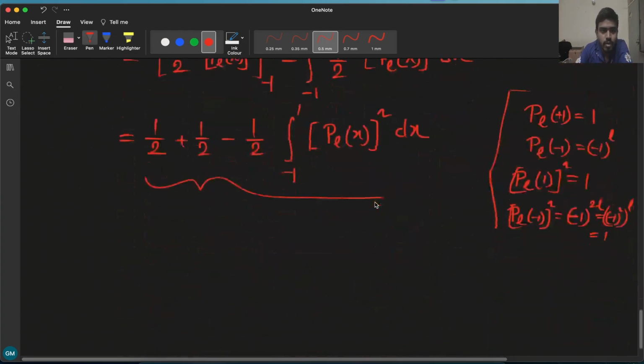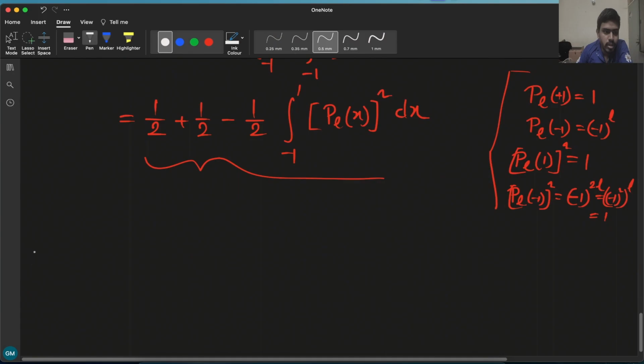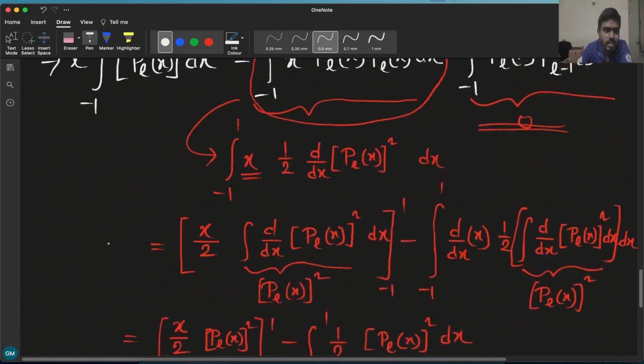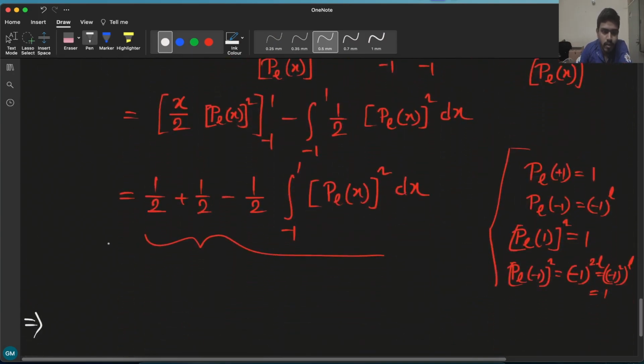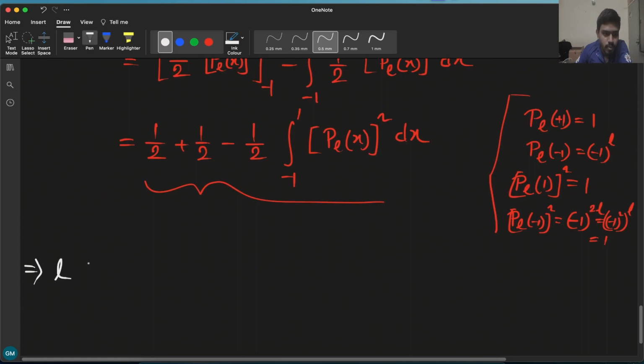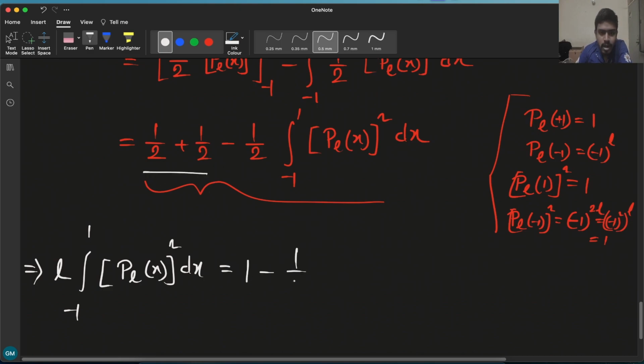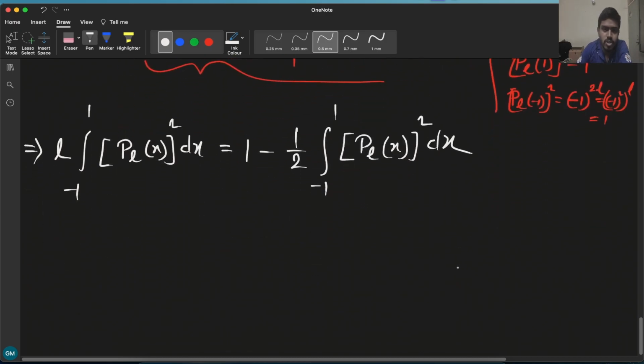Let me write down the whole equation. The left hand side is L times the integral from minus 1 to 1 of P_l(x) whole square dx, equals half plus half, which is 1, minus half times the integral from minus 1 to 1 of P_l(x) square dx. Now we are almost done.